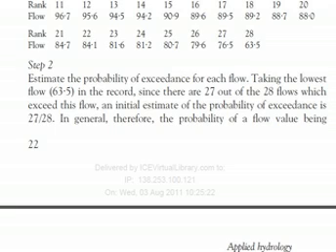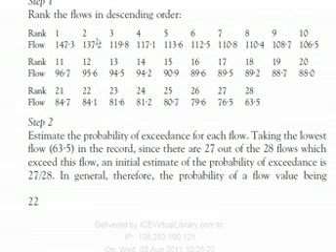So the method is worked through here. We take the lowest flow, which is 63.5, and then we see that of our data set, 27 of the 28 possible flows are clearly greater than this, because this is the lowest one. So all of these ones exceed that flow.